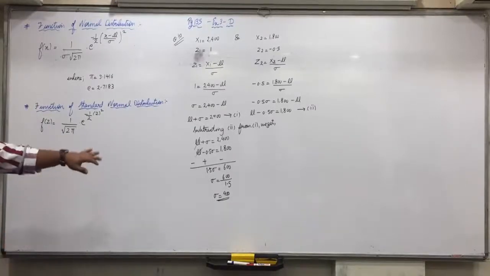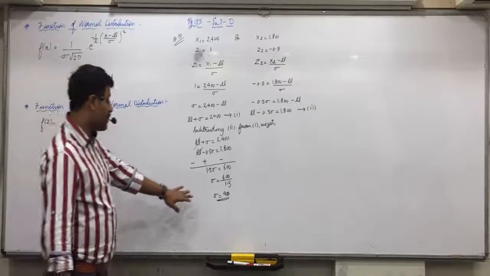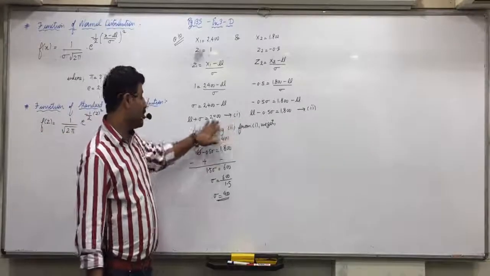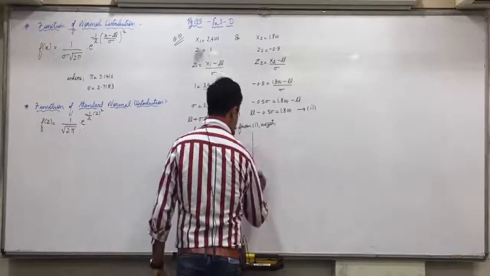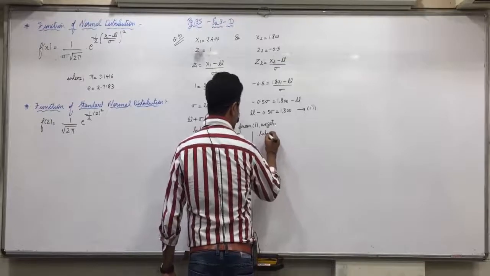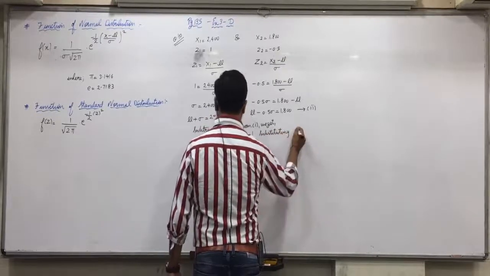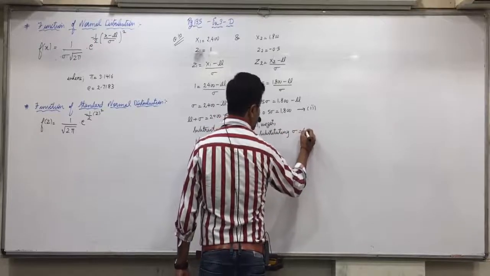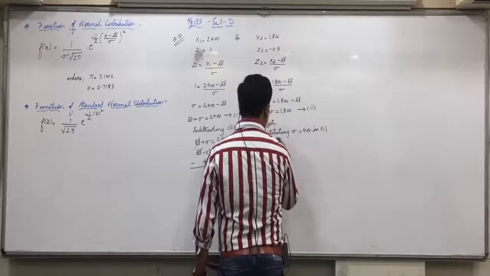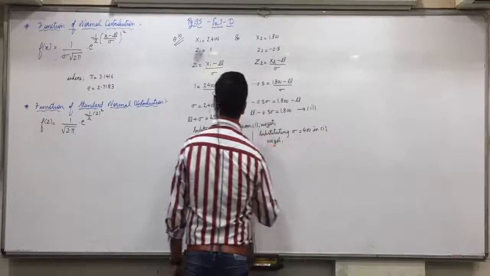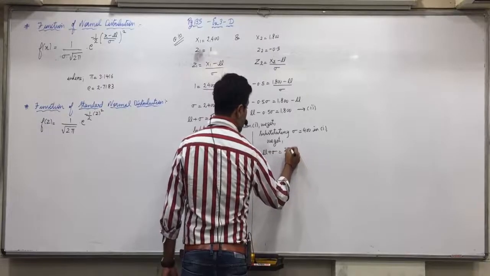Now, put this sigma in any one equation. Put the value of sigma in any one of the two equations, you can find the value of mu. So, substituting sigma equals 400 in equation 1, we get mu plus sigma equals 2400.